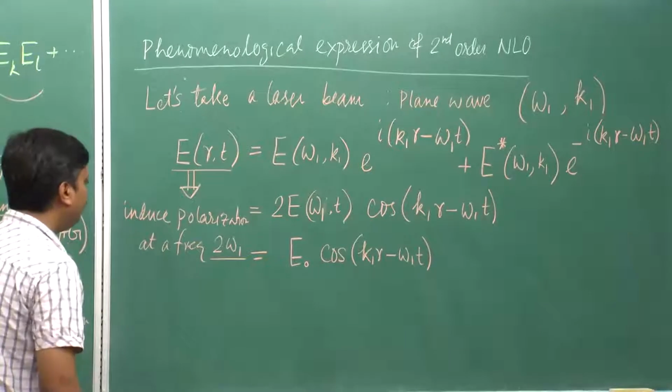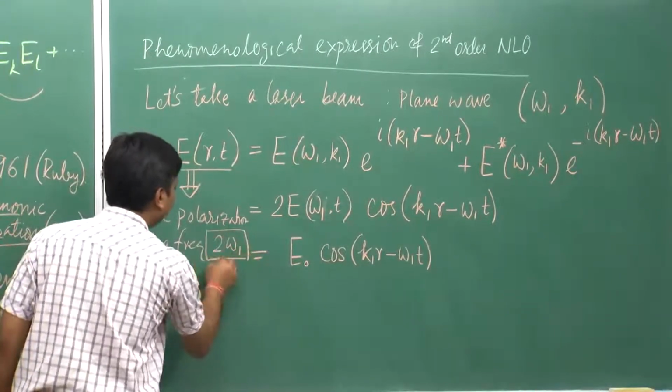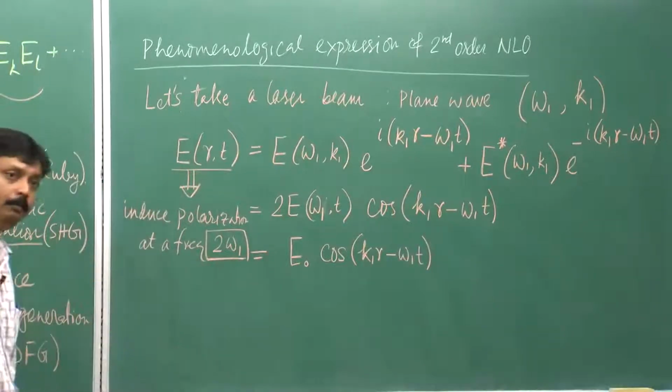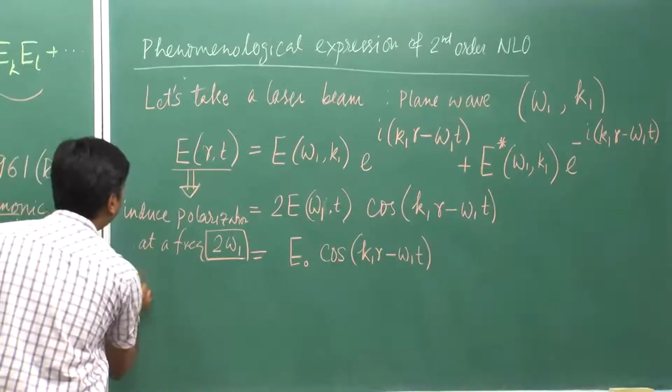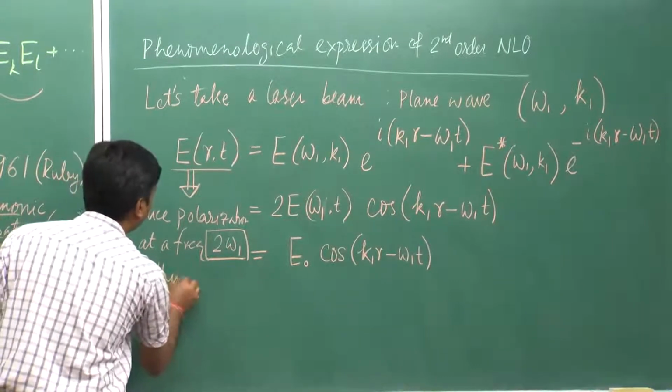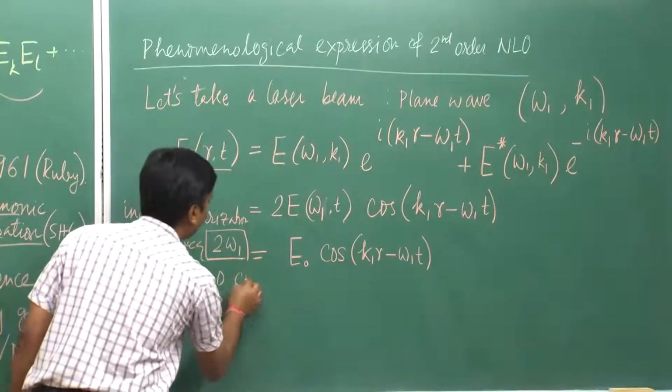This is not a general thing, but this is what we will end up with later on. So, this will create a nonlinear polarization within a nonlinear optical material, say a nonlinear optical crystal.